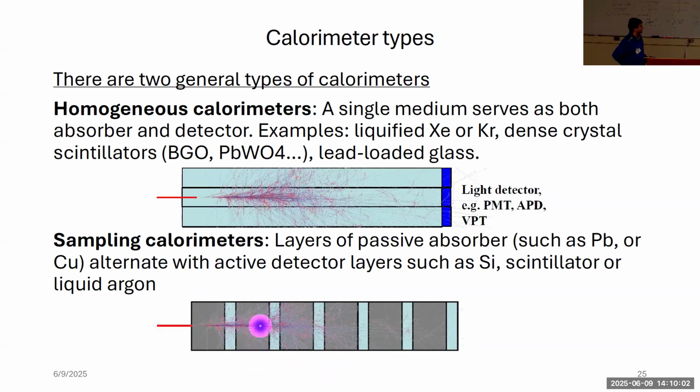Those alternate with active detector layers, such as silicon or some kind of scintillator or liquid argon. And the tricky part is how to best get the light deposited in these active layers out and into a photosensor.